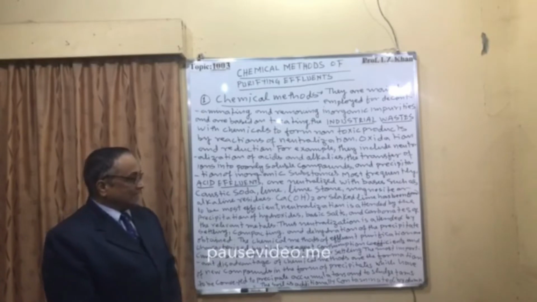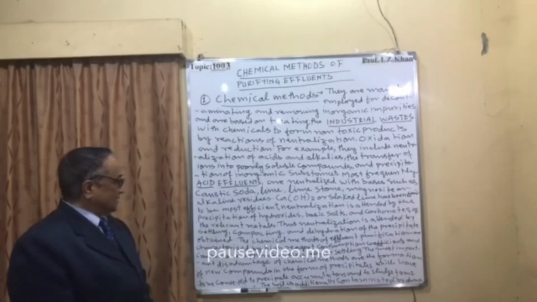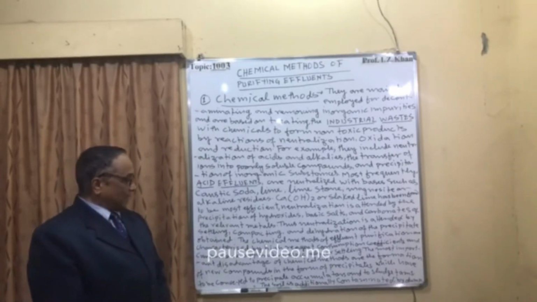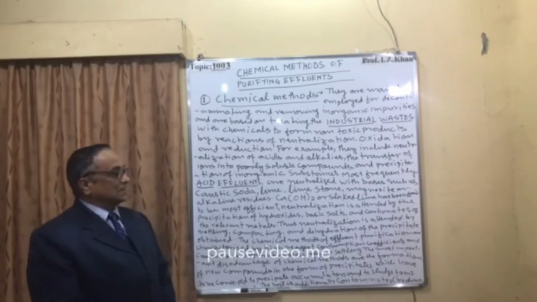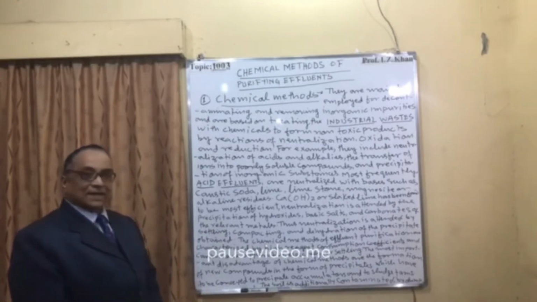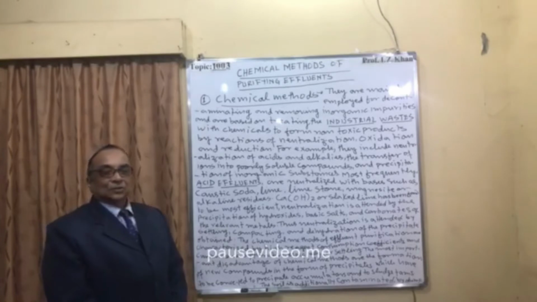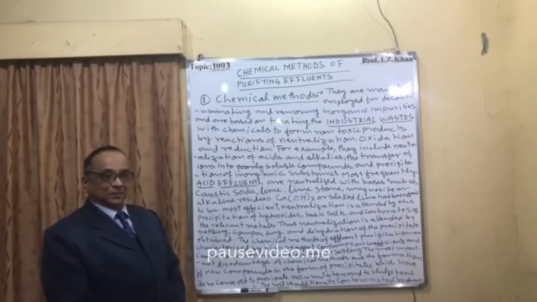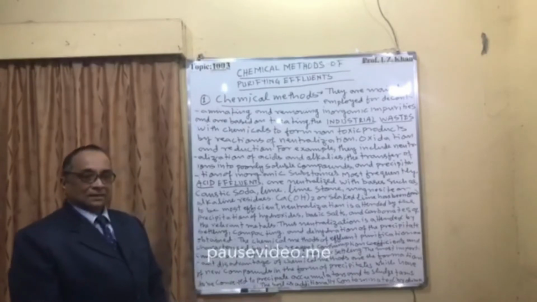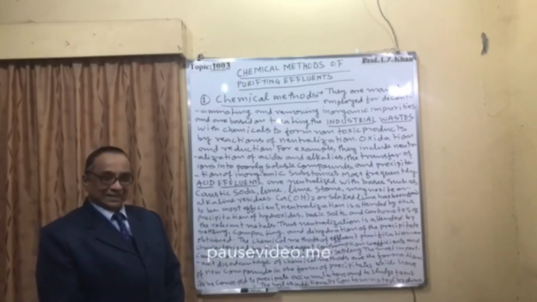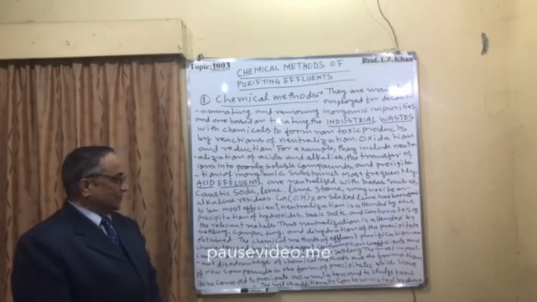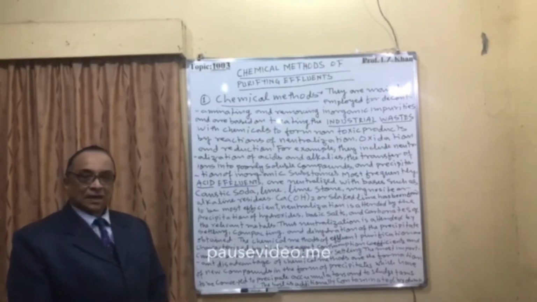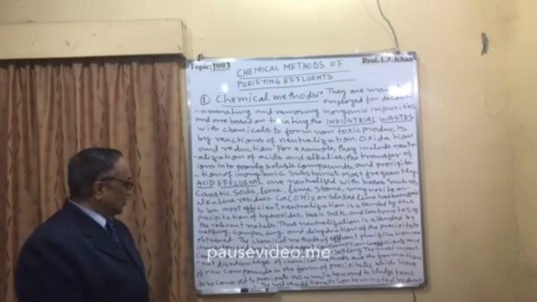Thus, neutralization is attended by settling, compacting and dehydration of the precipitate obtained. So in this neutralization reaction, the precipitates formed are removed by settling and by concentrating, or by dehydration of the precipitate.